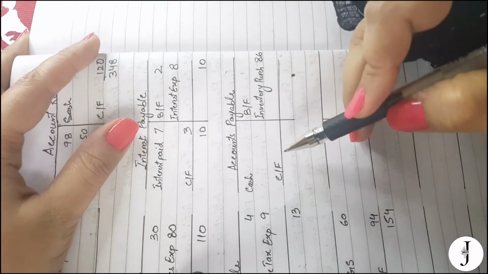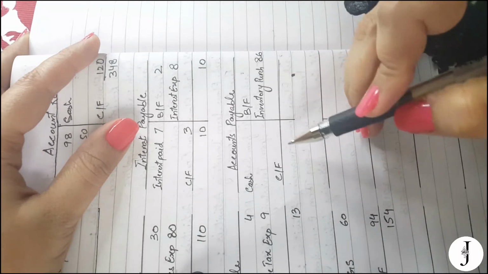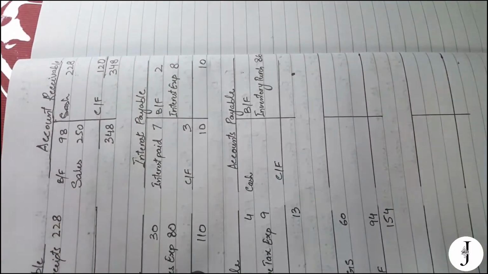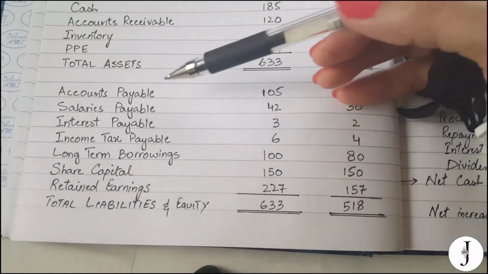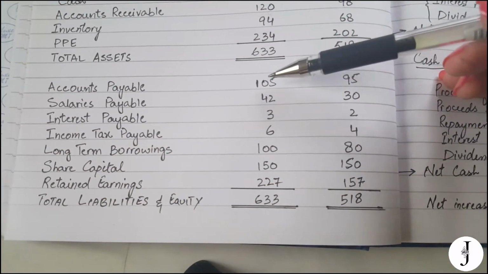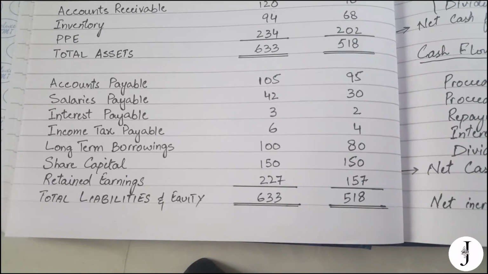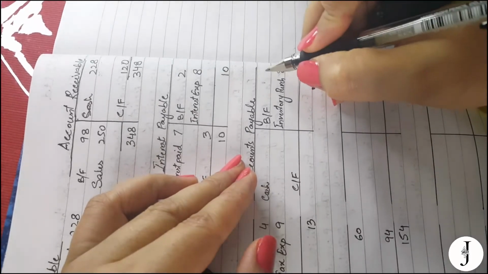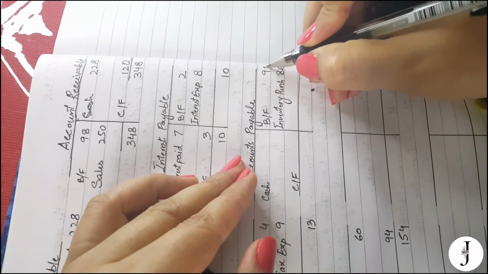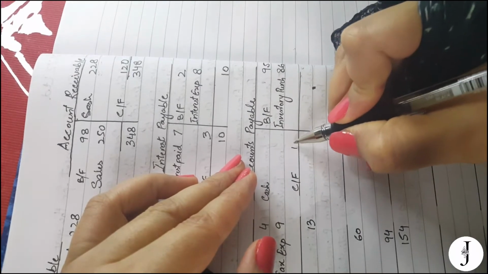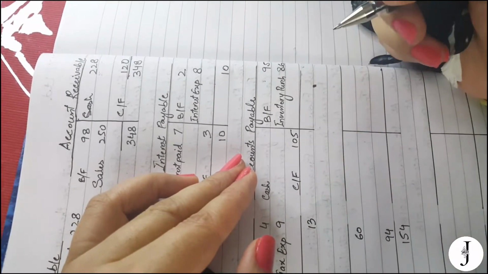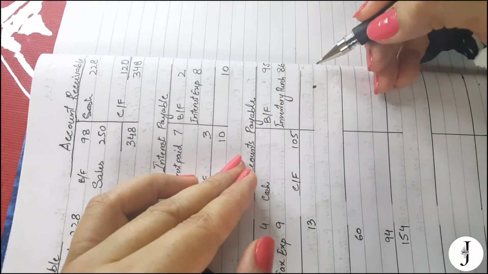The accounts payable opening and closing we will get from balance sheet. Accounts payable opening and closing are here, 95 and 105. So opening is 95 and closing is 105. So add up this side.